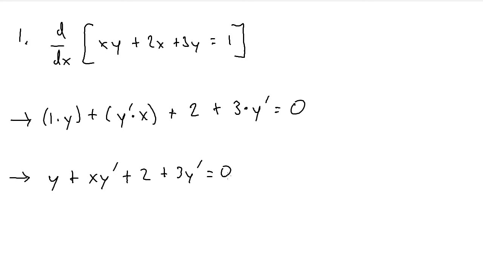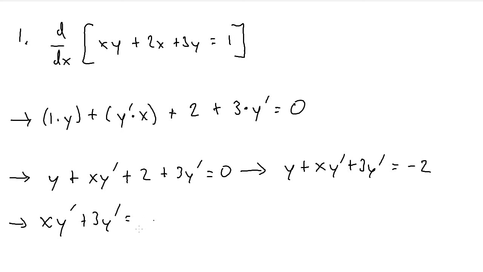And our goal in implicit differentiation is to isolate y prime and find out what that is equal to. If I were to bring the 2 over to the other side, we would get y plus x y prime plus 3y prime equals 0 minus 2, which is negative 2. And then I can also subtract the y over to the other side. So we get x y prime plus 3y prime equals negative 2 minus y.